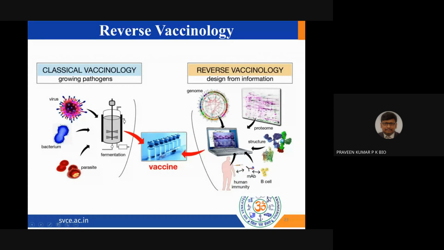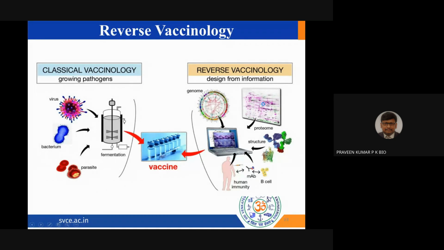How about reverse vaccinology? For getting a vaccine, we are not taking it from the virus, but we get data from different omes. You know, for SARS-CoV-2, a genome is established. We even have proteomes for SARS-CoV-2. Whatever genomes or proteomes you have, these are data derived from bioinformatics.